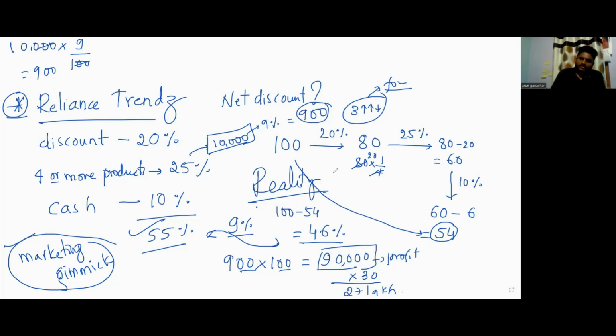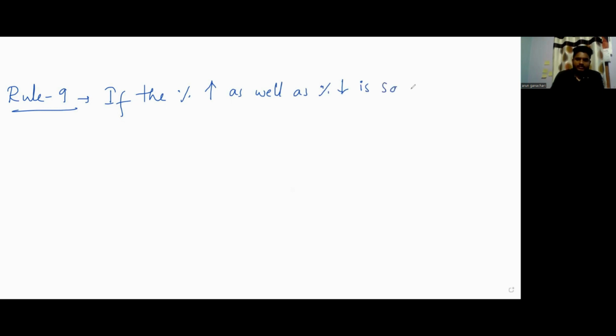Let's go for one more formula. Rule number 9, you can write it as, if the percentage increase as well as percentage decrease is same, then the net effect will be, if both are same, what will happen to the formula?